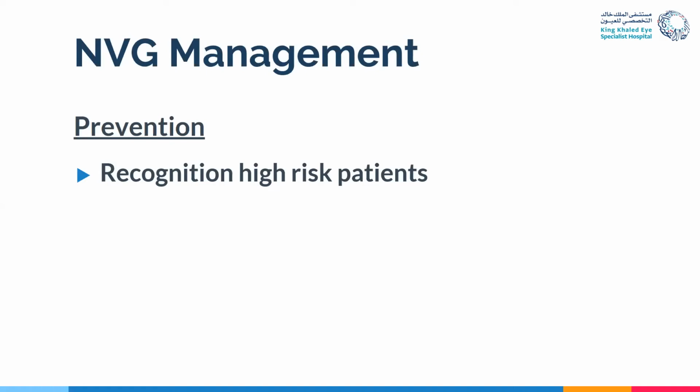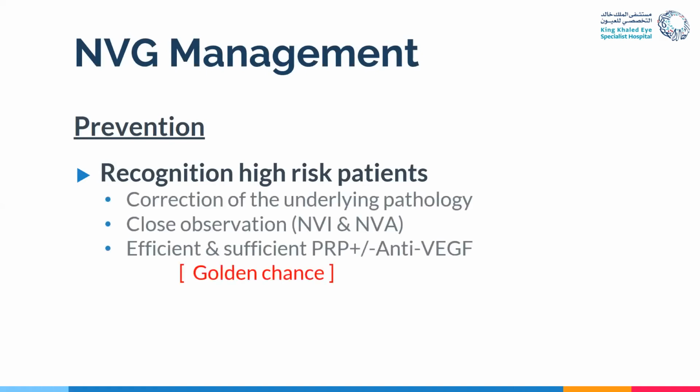Recognition of patients at high risk, and by that we mean correction of the underlying pathology: diabetes, we should control his diabetes, hypertension, and close observation of patients who are at high risk for NVI and NVA. So we need to observe them closely.